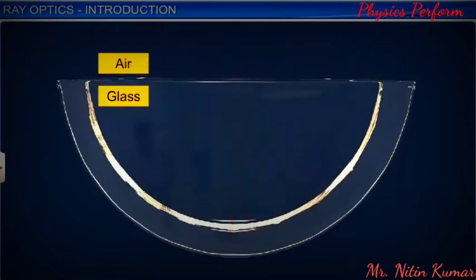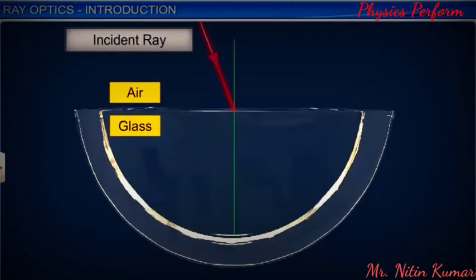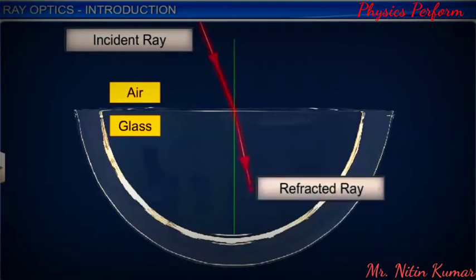The light ray that falls on the interface of the two media is called an incident ray. The light ray that is transmitted through the second medium is called a refracted ray. The light ray that bounces back to the first medium is called a reflected ray.